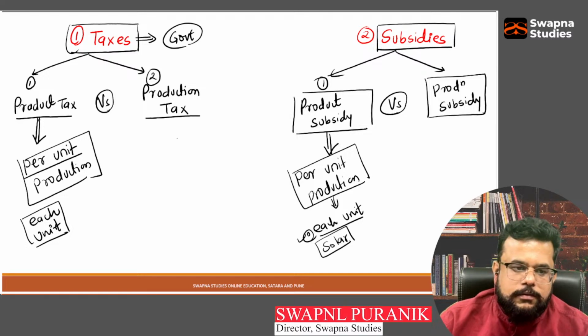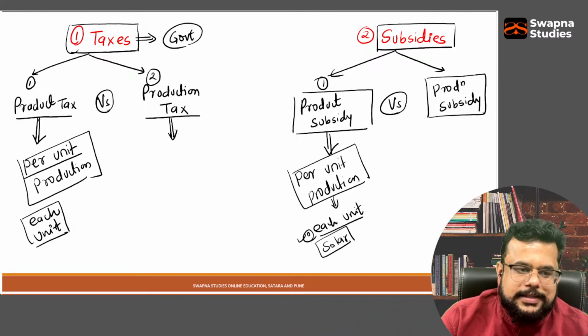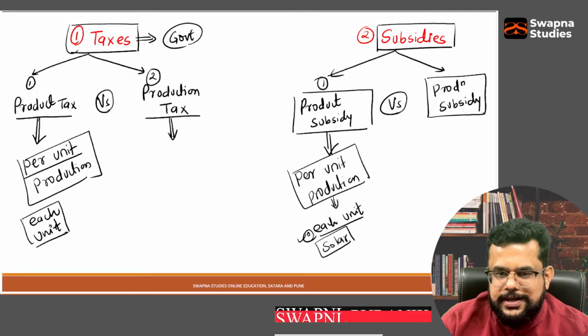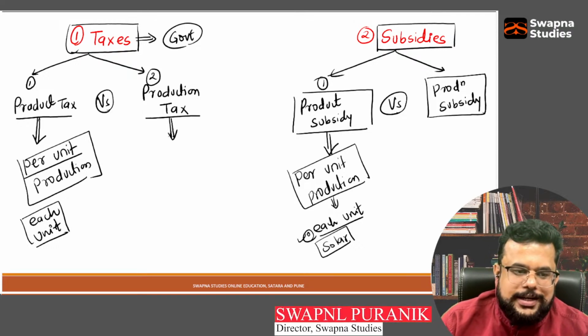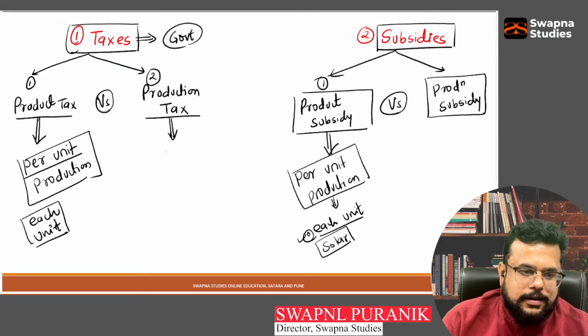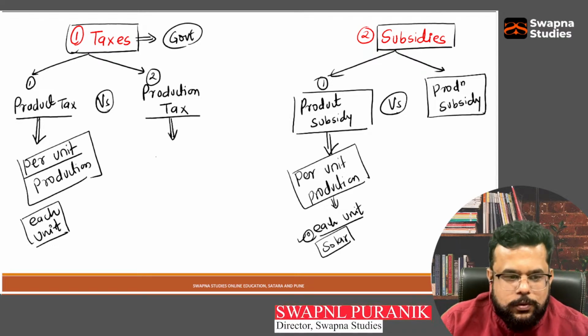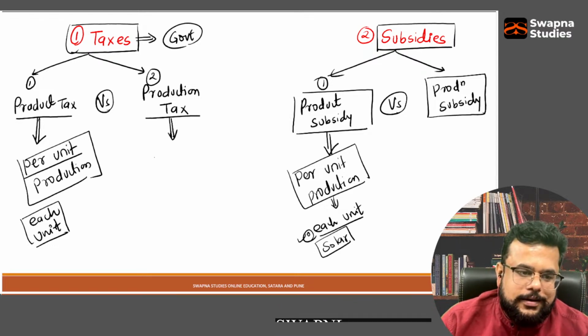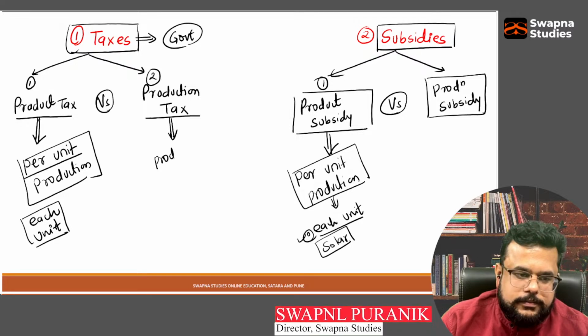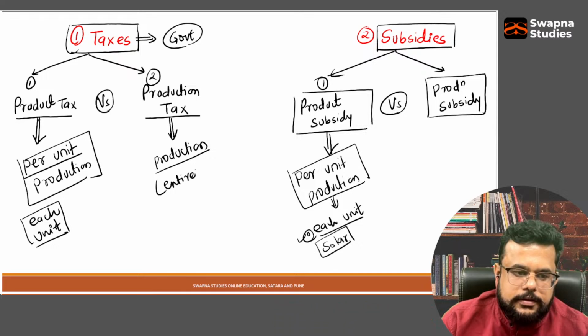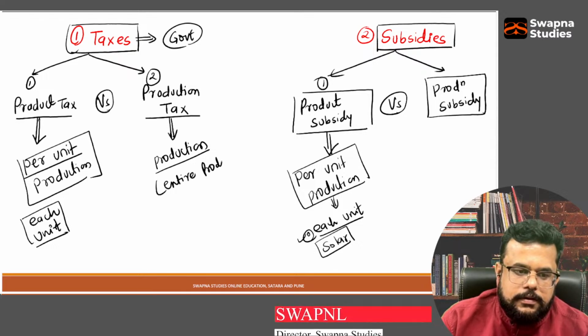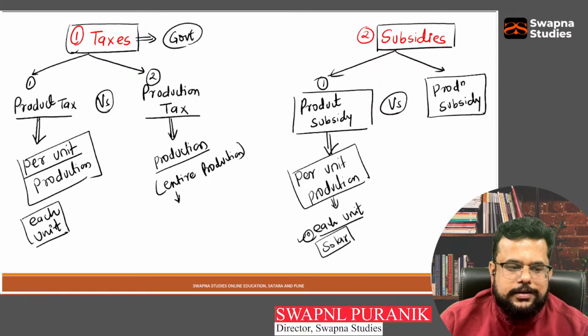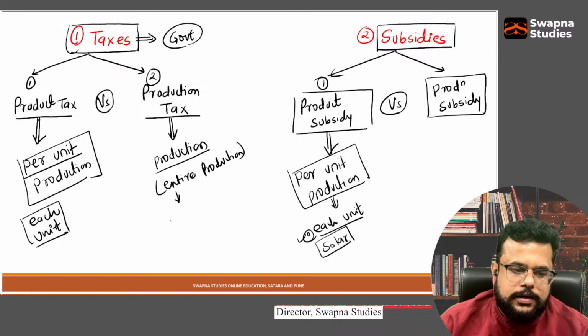नाउ व्हाट इज मेंट बाय प्रोडक्शन टैक्स? व्हाट इज प्रोडक्शन टैक्स? Production tax is a tax imposed on production. That means entire production. That means it is not imposed per unit.